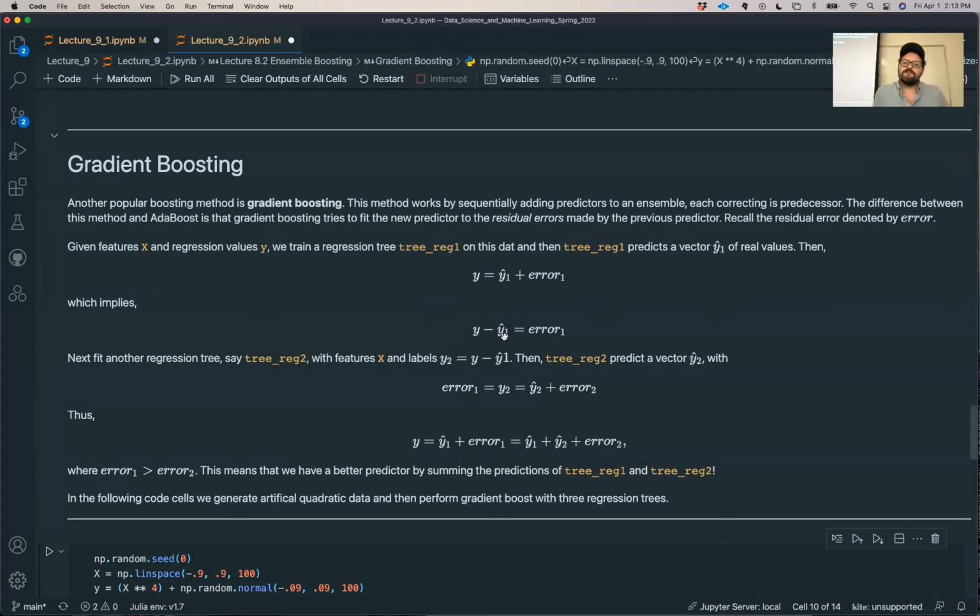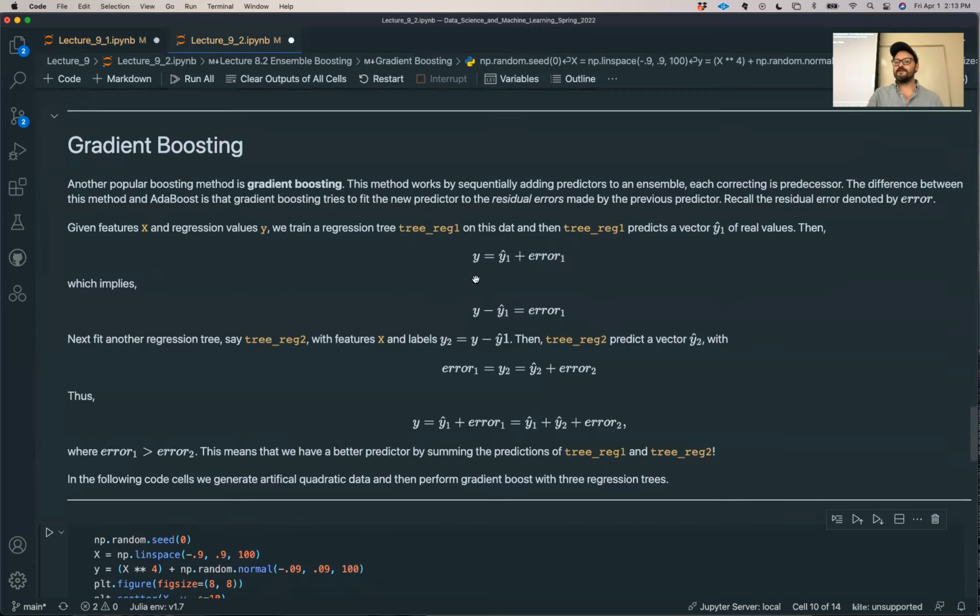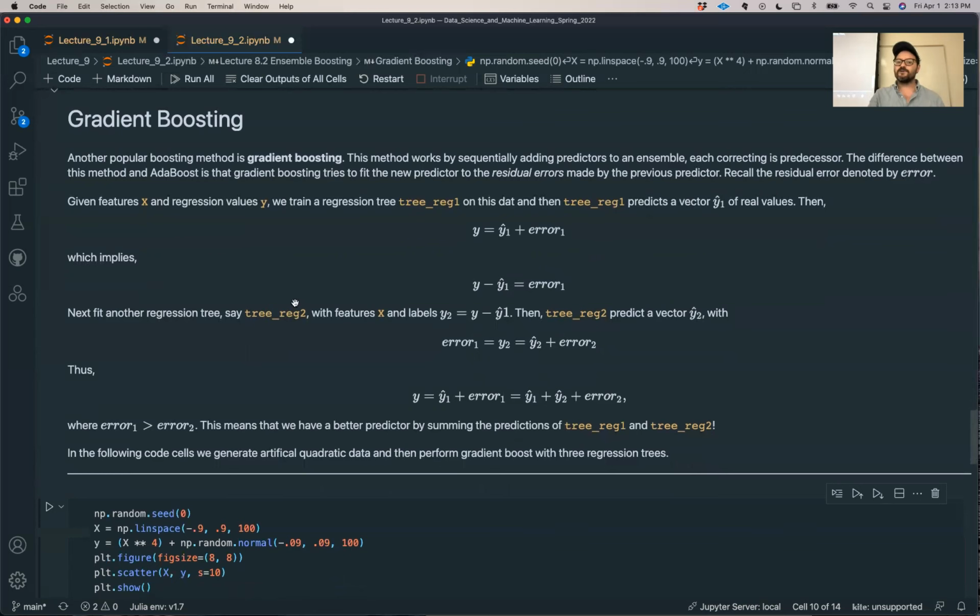Now think about this. We have these errors, right? And if we knew these values and we put them right there, then we'd have exactly Y, right? So why not train another base learner to learn the errors? If we can learn those errors and we just add it on, we have a better prediction, right?